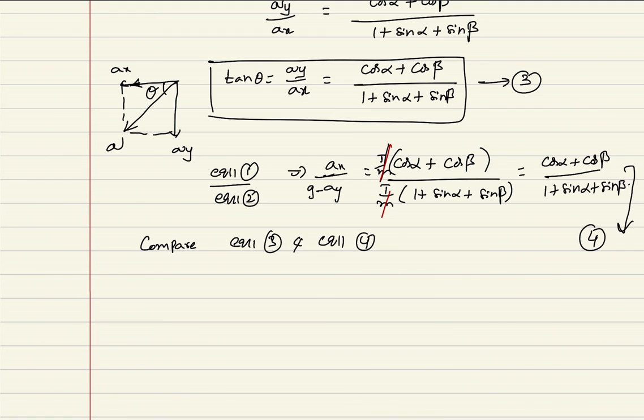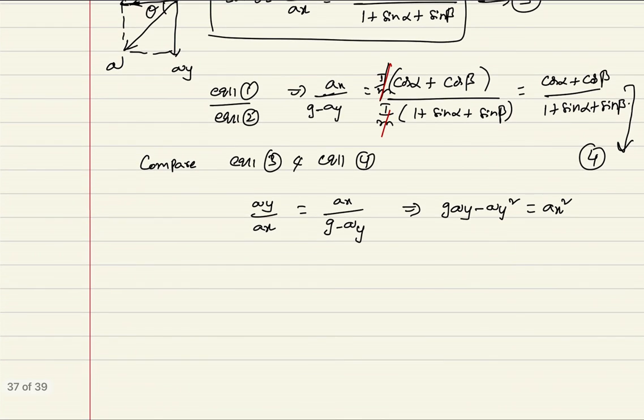if you compare both the things, I can write it as ay divided by ax is equal to ax divided by g minus ay. So from this you can write g into ay minus ay square is equal to ax square. So from this I can write ax square plus ay square is equal to g into ay.